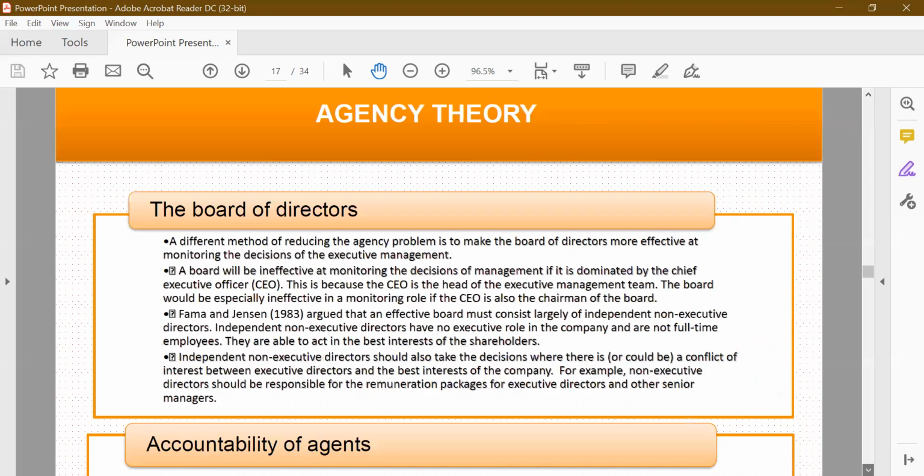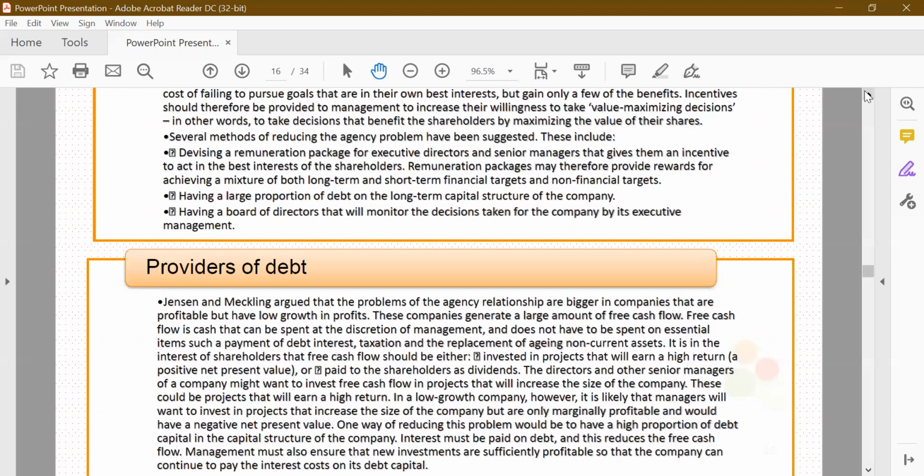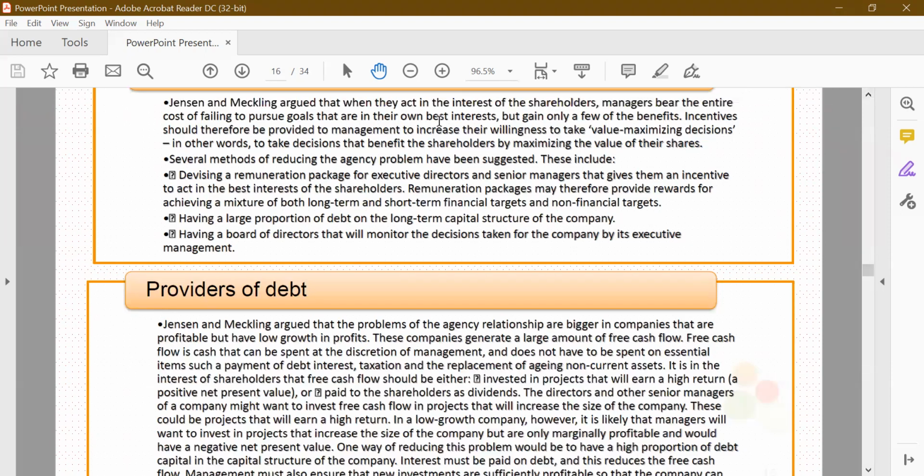That's a very interesting way to think about it. And that's why, when I was talking about the several methods of reducing the agency problem, one of the points is having a large proportion of debt in the long-term capital structure of the company.